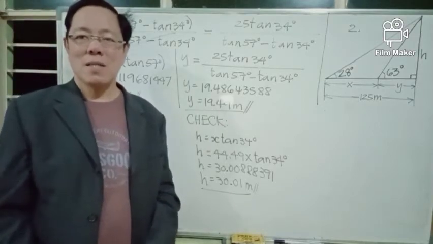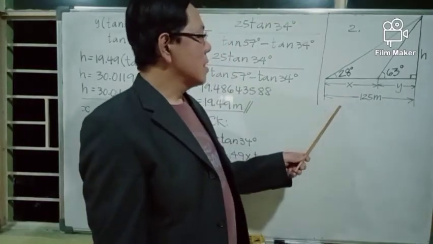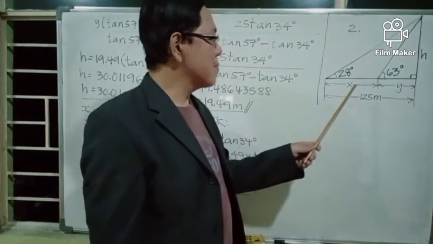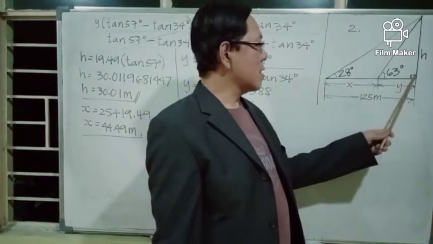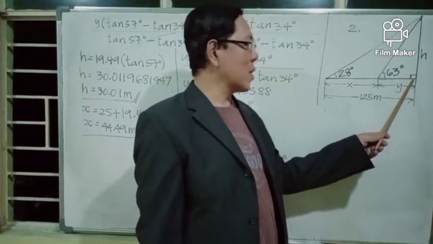For our next example, consider the following diagram. In this diagram, there are again two right triangles given. The smaller one is a right triangle, as indicated by this small square.